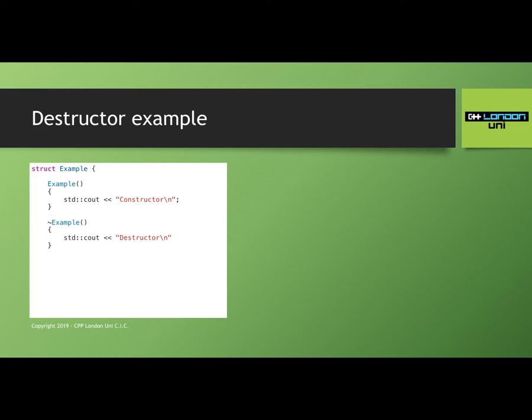So this is the function that gets run when we construct an example object. This is the function that gets run when we destroy an example object.